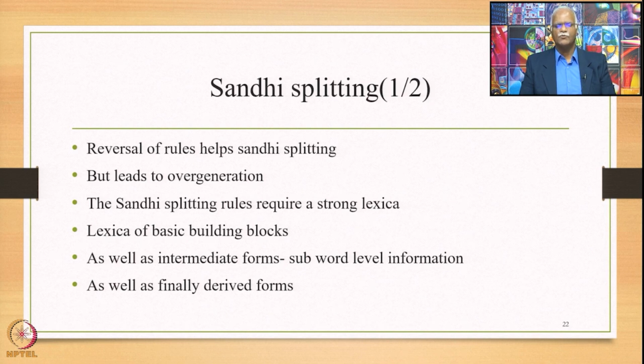Now that will lead to quite a lot of overgeneration, and in order to avoid overgeneration, the sandhi splitting task may require a strong lexica. So lexica of basic building blocks as well as intermediate forms, that is sub-word level information, that needs to be provided, as well as the finally derived forms. This is needed in order to do the sandhi splitting effectively without causing too much overgeneration.